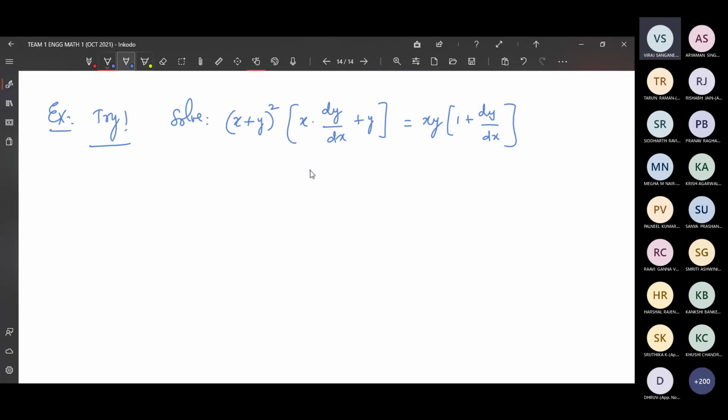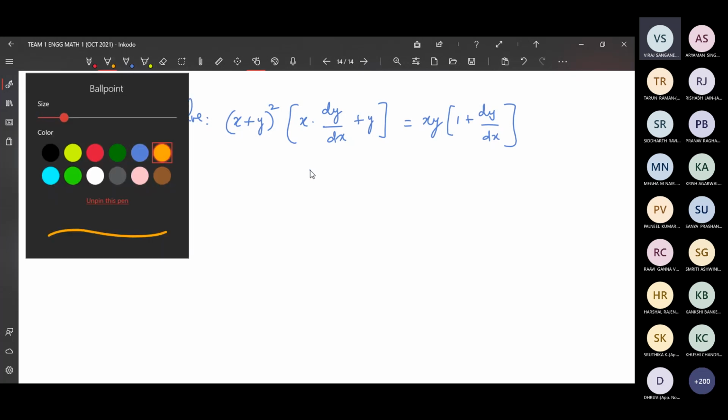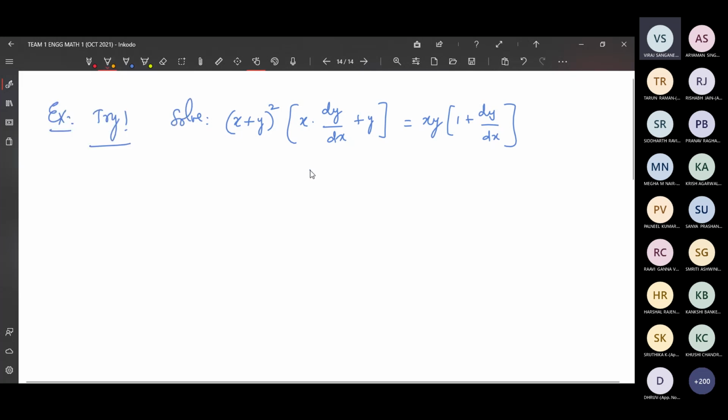This looks complicated, but it is very easy if you observe. Suppose I take x plus y as t, then 1 plus dy by dx becomes dt by dx, right? So the left hand side is taken as t, and the right hand side one becomes dt by dx.